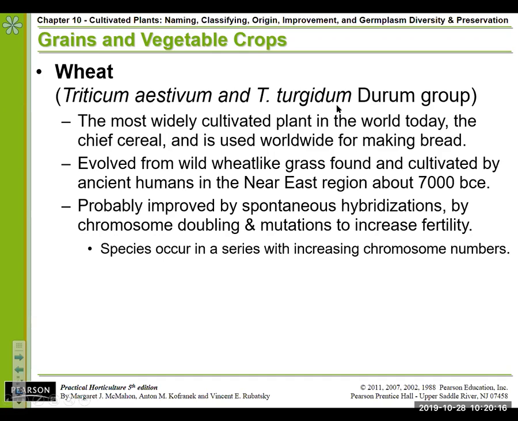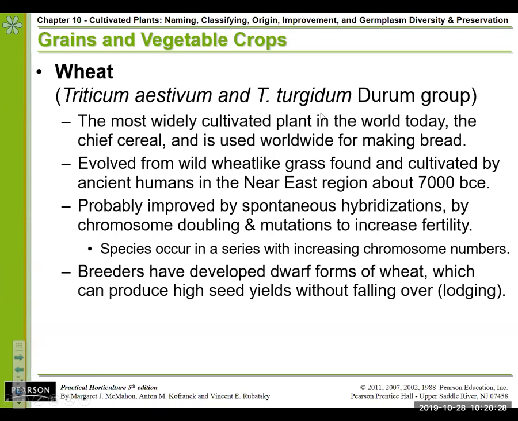So we noted last week that the species that we've cultivated occur in a series that have increasing chromosome numbers. These increasing chromosomes lead to greater diversity of the characteristics. So we have plant breeders that have intentionally developed different forms of these crops, such as dwarf forms of wheat, which can produce higher yields without falling over or lodging.